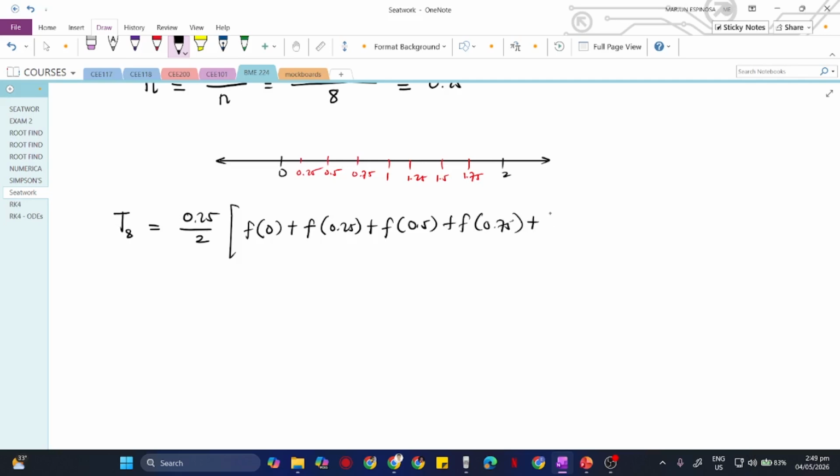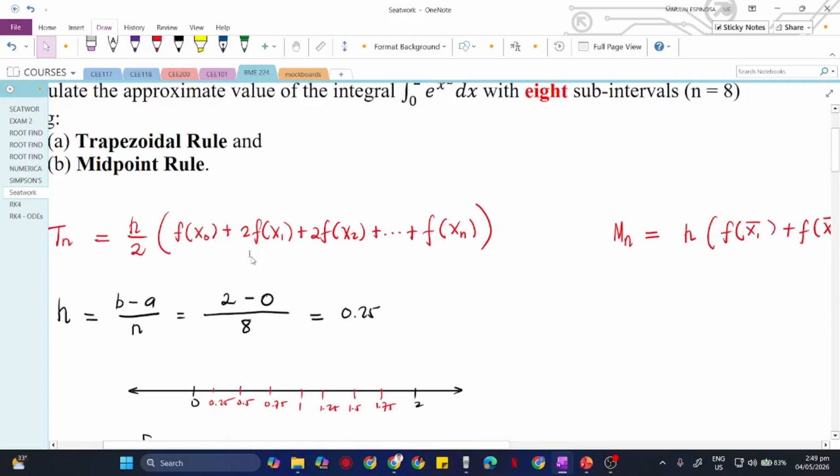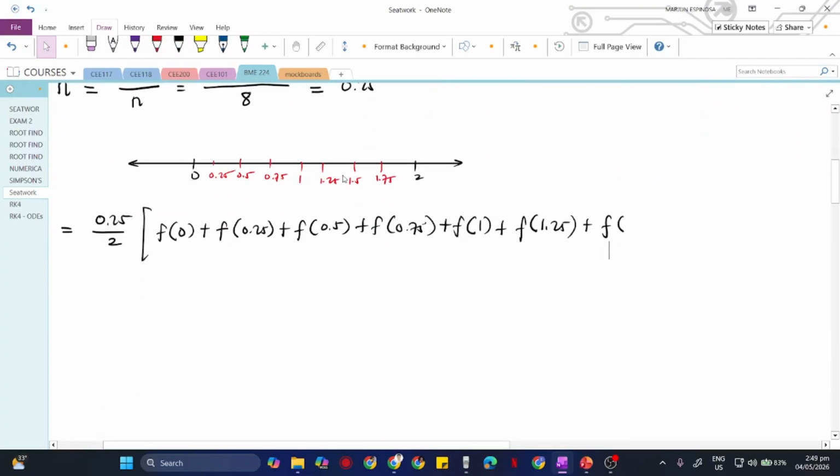Pansin na ninyo ha ang tawag nito, procedure natin sa pagsosolve. So, I'll also be expecting the same procedure sa inyong examination. Plus f of 1.25 plus, meron pa pala tong mga coefficient, no? 2 times. Okay, sorry. So, meron pa tayong 2 dito. Tapos dito din 2. Dito 2 din.